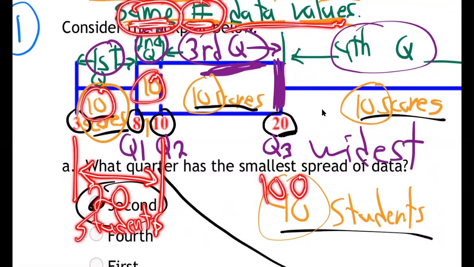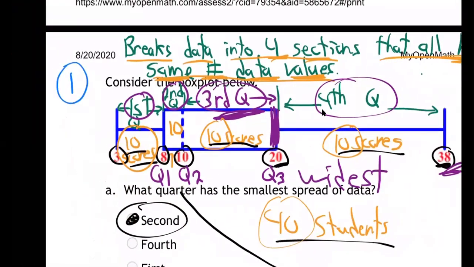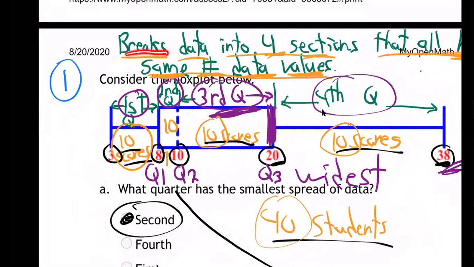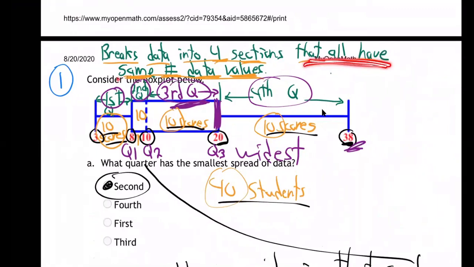What we do know for sure is that a box plot breaks the data into 4 sections that all have the same number. So whatever number you want to put in there, I did 10, 10, 10, 10, because it was easy. You could put 20, 20, 20, 20, or 3, 3, 3, 3. As long as you put the same number, you'll get all the answers right.